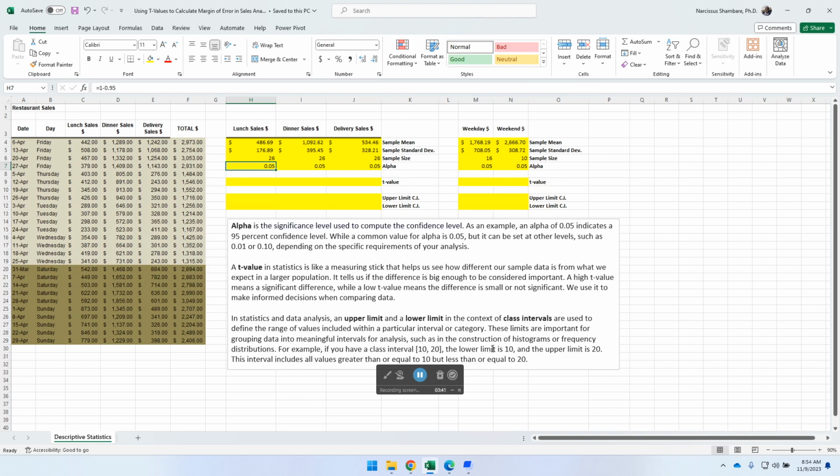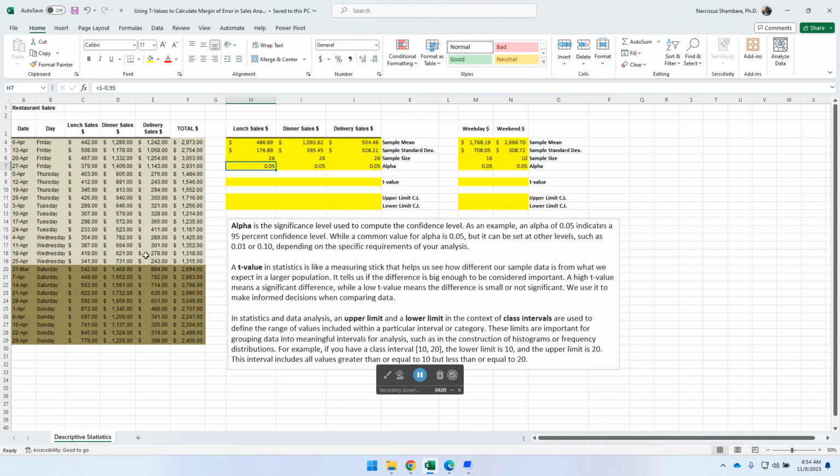There's a direct relationship between t-value and p-value, because the p-value measures the statistical significance, whether we should reject the hypothesis or not. A high t-value means a significant difference, while a low t-value means the difference is small and not significant. So we use it to guide our decision making in the process.